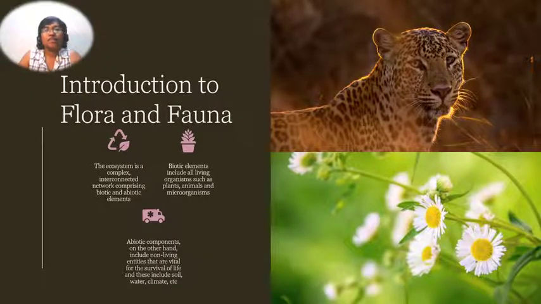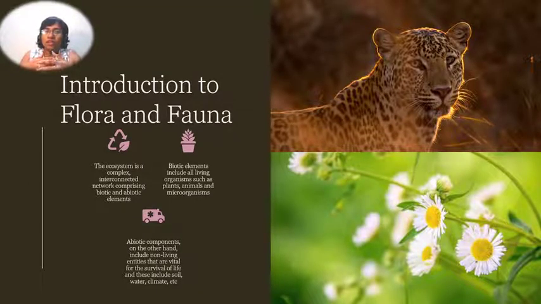Now that we've understood the various river systems of India, let's move on to another aspect of diversity that's found in the Indian subcontinent, that is flora and fauna. The ecosystem in which we live is a very complex, interconnected network. It comprises two important elements, the biotic and the abiotic.